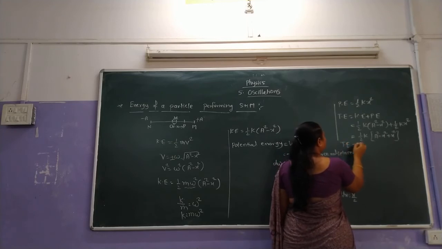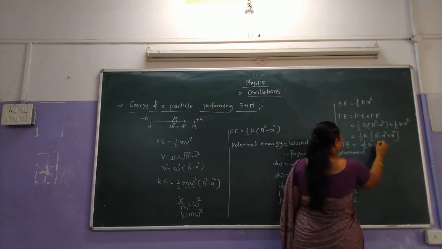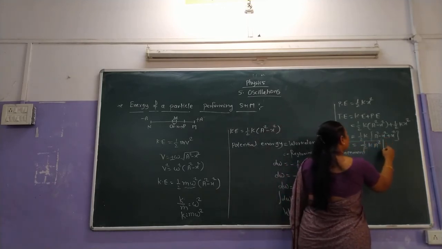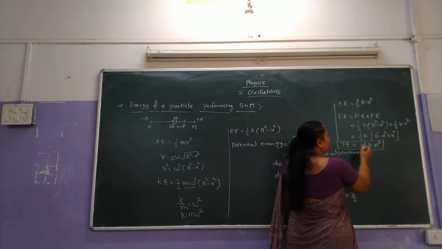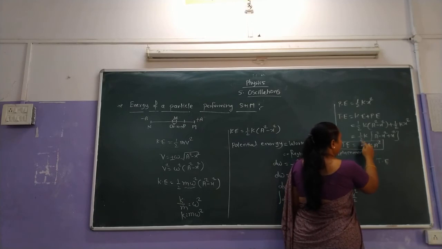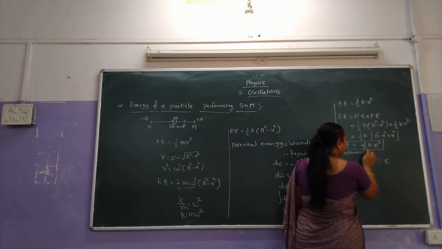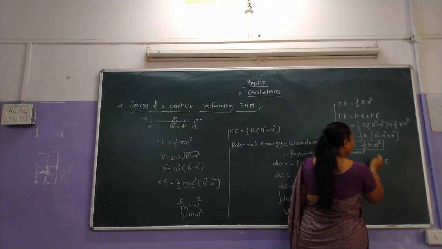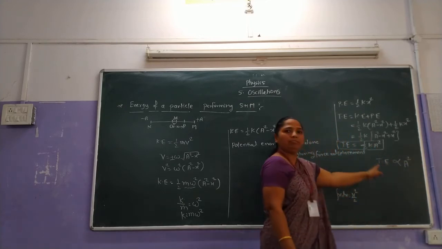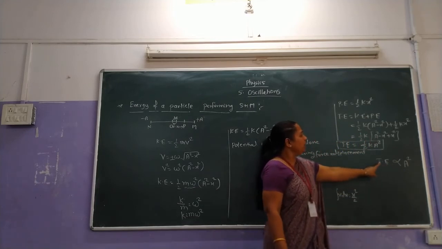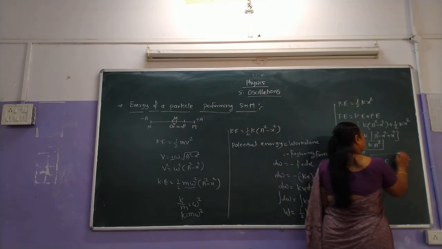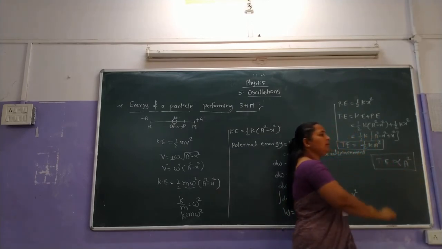Therefore, total energy is equal to half k a square. Here k is constant and half is a numerical value. Hence, total energy is directly proportional to the square of the amplitude for a particle performing SHM.